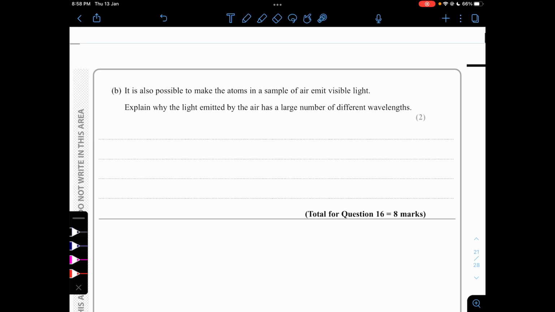Part B. It's also possible to make the atoms in a sample of air emit visible light. Explain why the light emitted by the air has a large number of different wavelengths. Pretty easy.